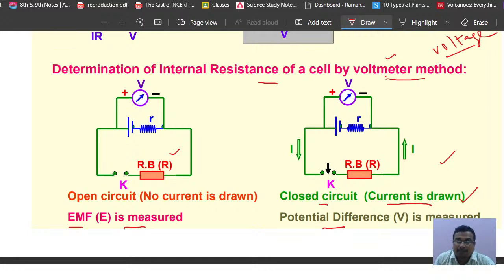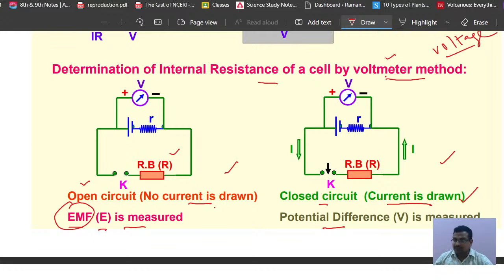When the circuit is open, no current is passed. At that time, are we measuring the potential difference or the electromotive force? When the circuit is open and no current is passed, we are measuring the EMF, represented by capital E, that is electromotive force.